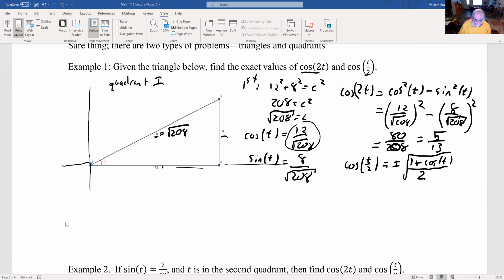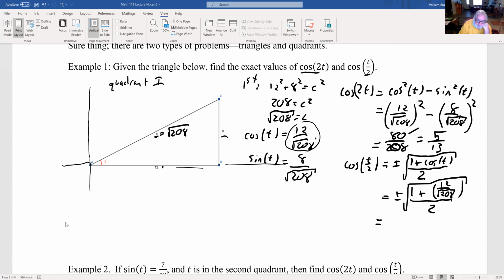Well, we know that cosine t is this, so this becomes plus or minus the square root of 1 plus 12 over the square root of 208, all over 2. And just like you should always simplify integers divided by each other, whenever you've got a fraction and a fraction, you should always try and simplify that.